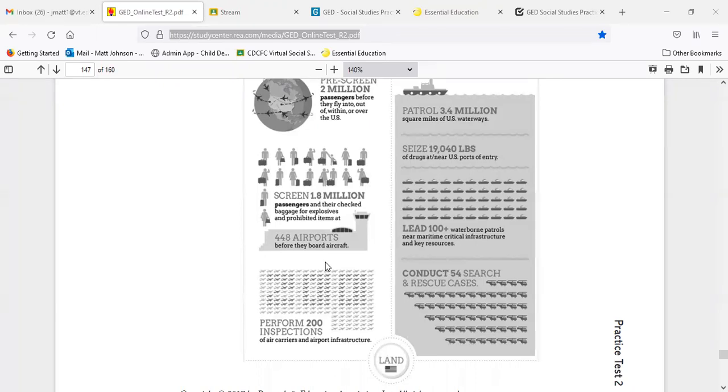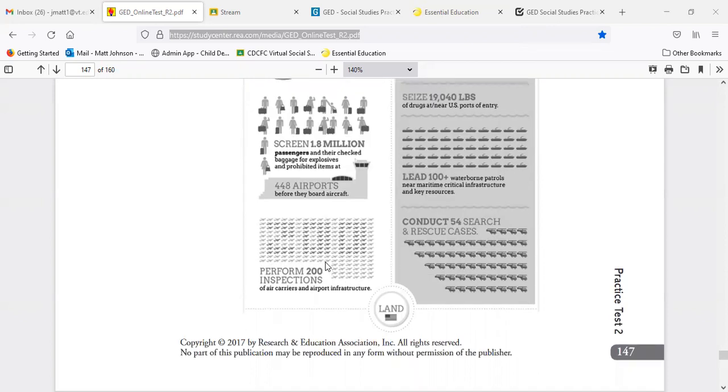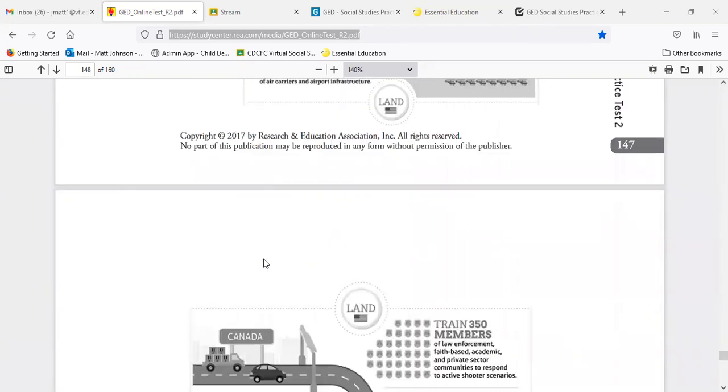The Coast Guard used to be under the Department of Defense, and I think it was actually part of the Department of the Navy. And when the Department of Homeland Security came about, the Coast Guard moved to the Department of Homeland Security. So a lot of what you see here as far as patrolling and stuff, that's actually done by the Coast Guard. But we'll take a look at the questions now.